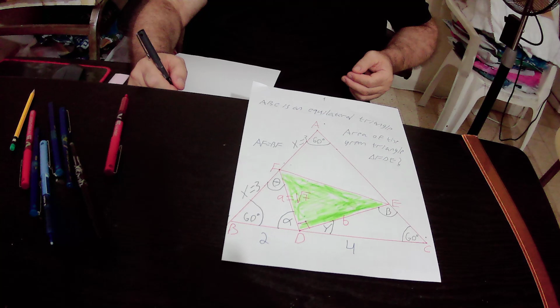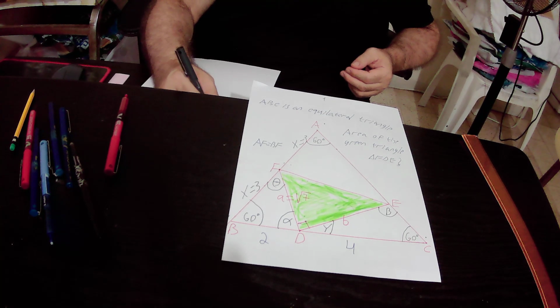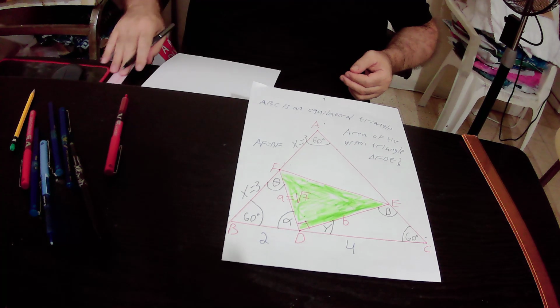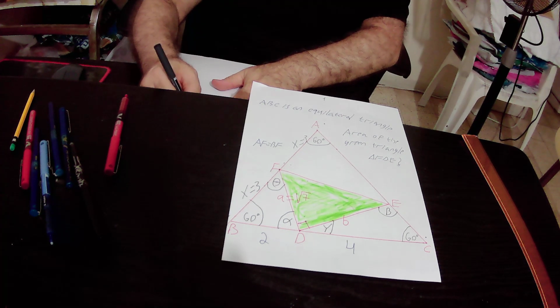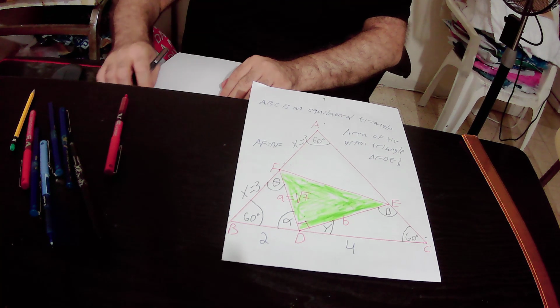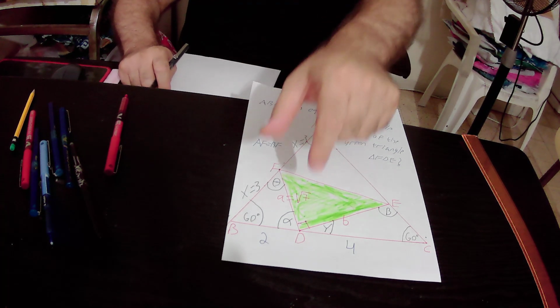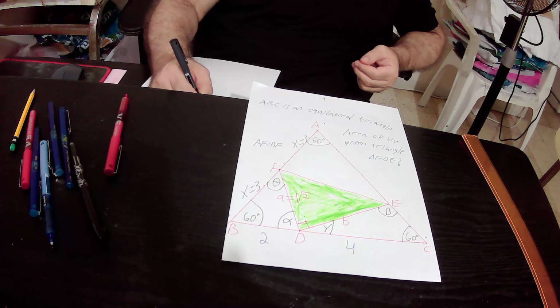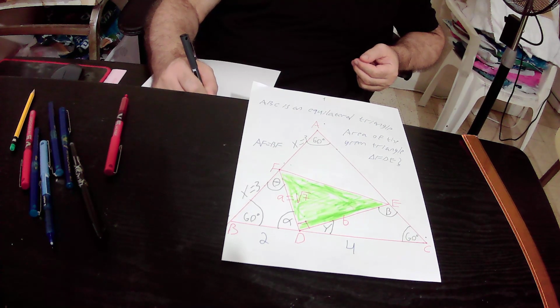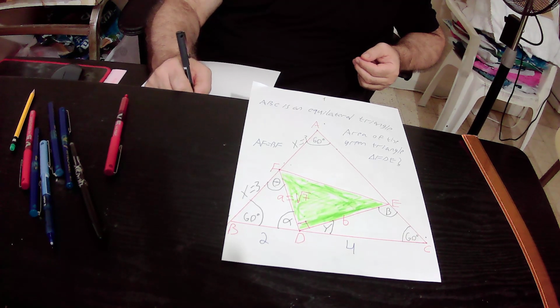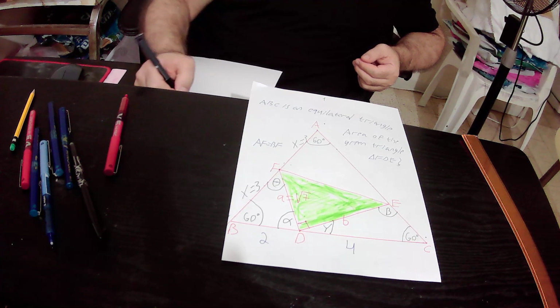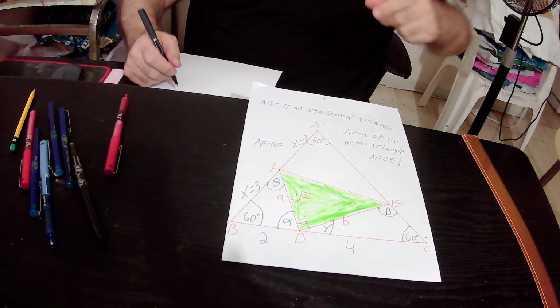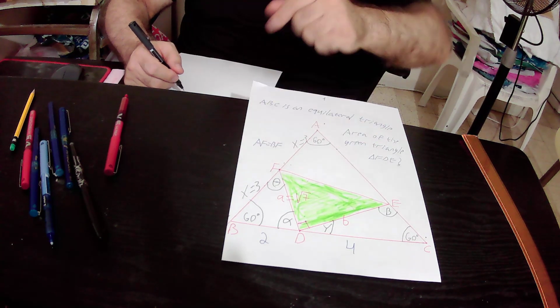So according to the law of sines in triangle FBD, BD over sine theta equals DF over sine 60 degrees.